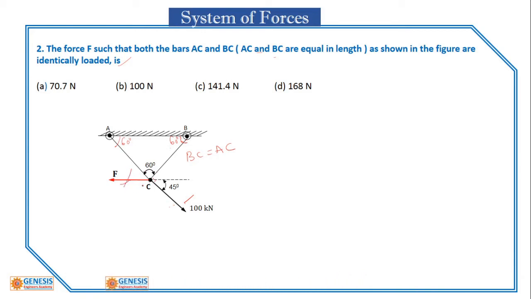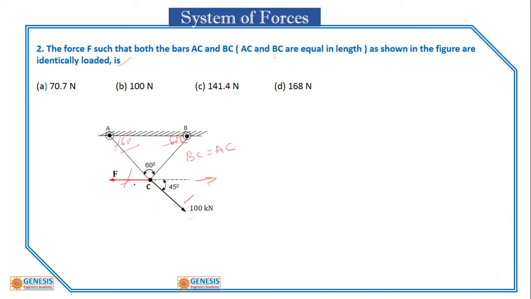So what force will keep the angles same, so that AC is equal to BC? So you have to resolve equivalent to this force, right? So if you resolve this force in this direction, that will equal this one, to keep the system in equilibrium, right?